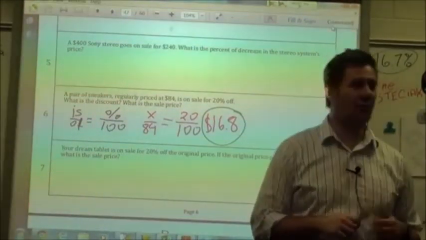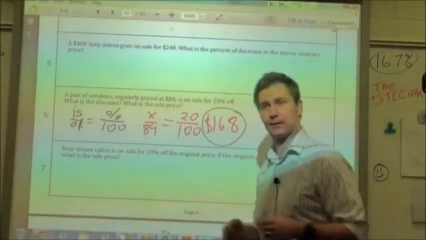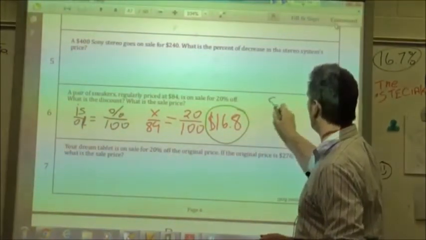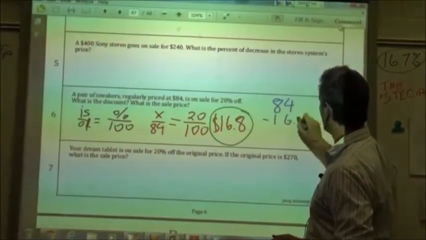Now, since we know the value of the discount, what do we have to do next? Subtract. Very good. We're going to subtract 84 minus 16.8.